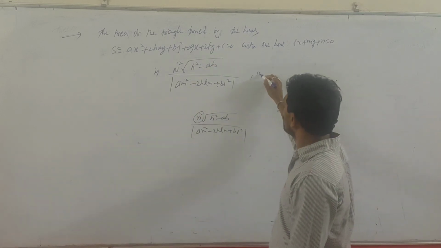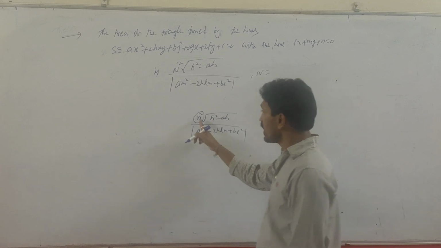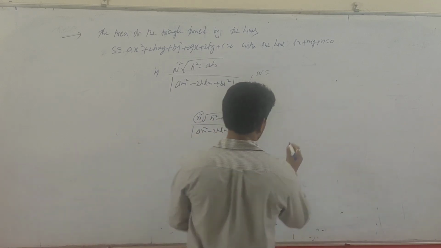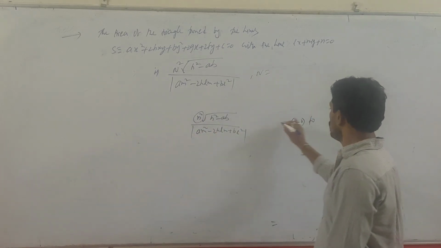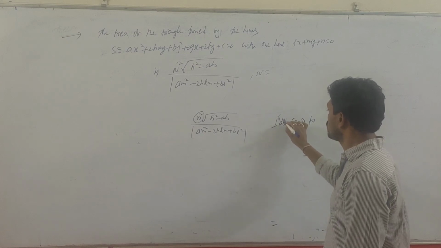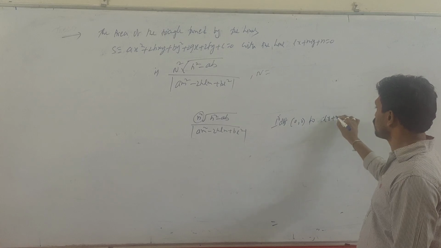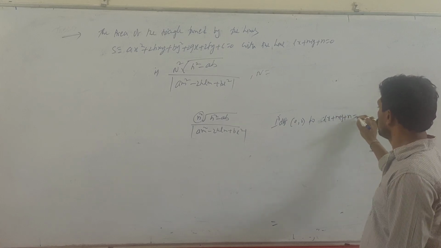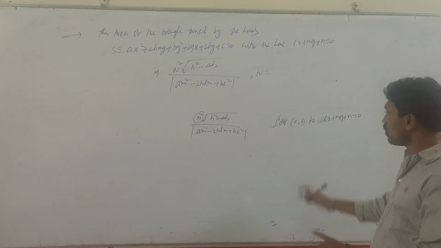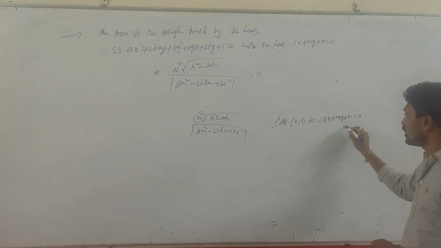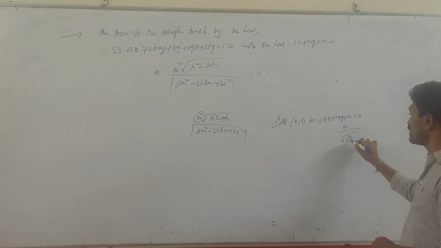What is this n? Here n, how can you get? The perpendicular distance from 0, 0 to Lx plus My plus N is equal to 0, what do we have? How will it be? 0, 0 n by root over L square plus M square.